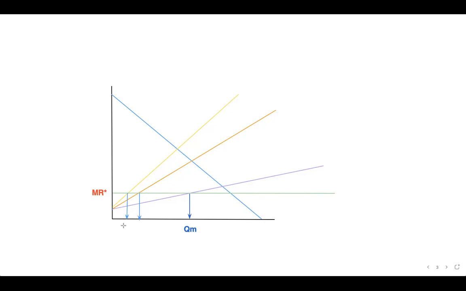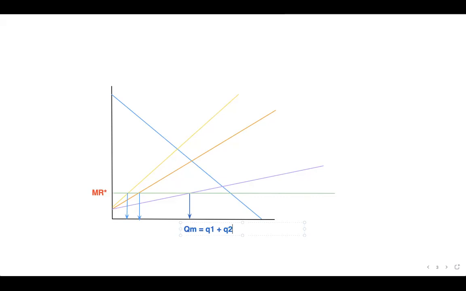I didn't label Q1 and Q2, but hopefully that's clear enough, and you can see that this total monopoly quantity is going to be Q1 plus Q2. So is that enough information for you?